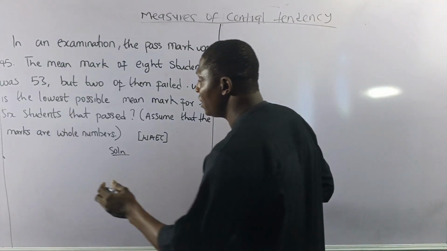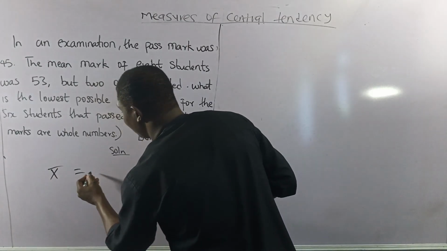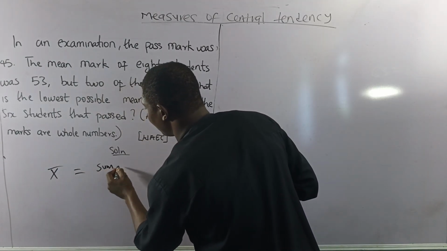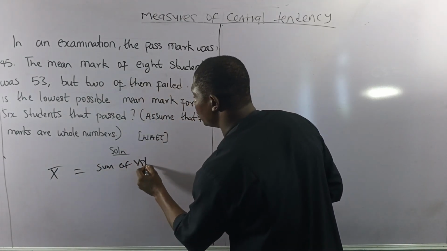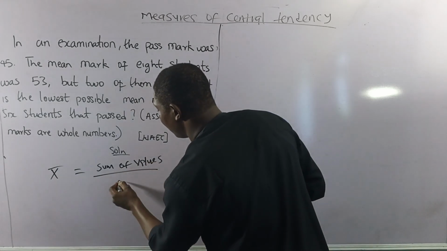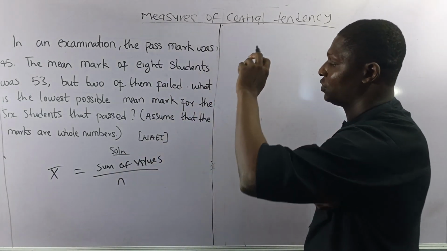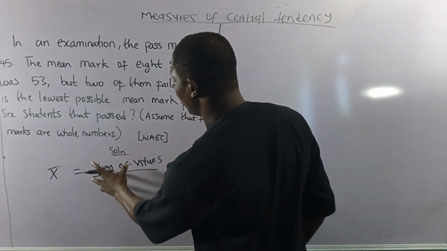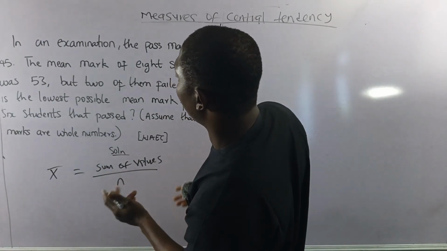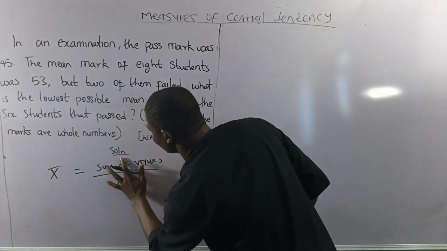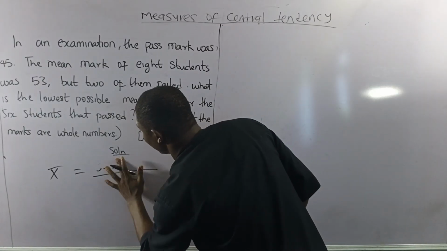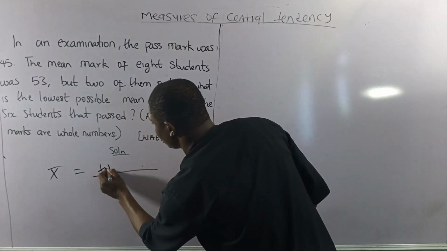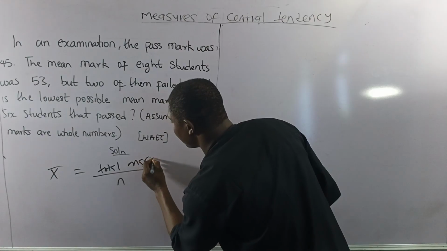Now, the mean in general, S bar, is equal to the sum of values over the total number of values, which is N. Now, the sum of values simply happens to be the total marks.